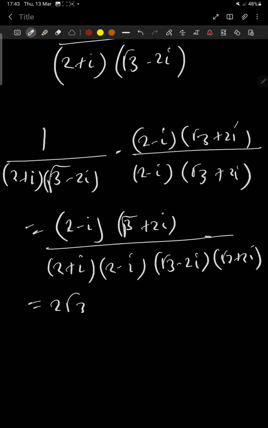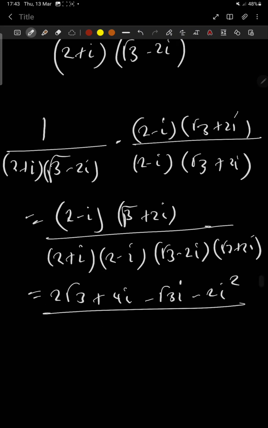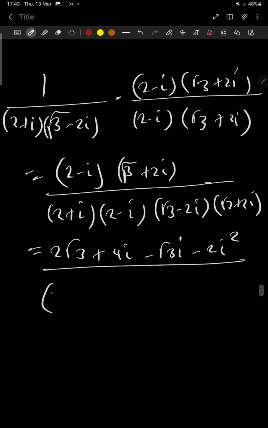This will be 2 square root of 3 plus 4i minus square root of 3i, and then minus 2i squared over, here expand, this will be 4 minus 2i plus 2i minus i squared.